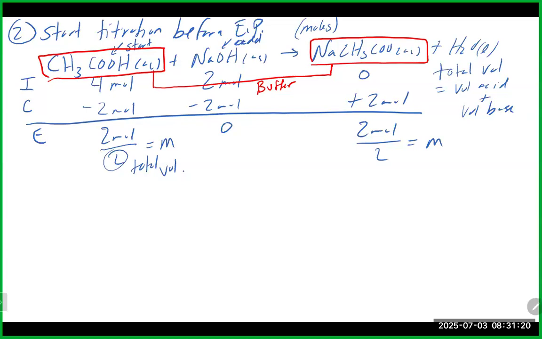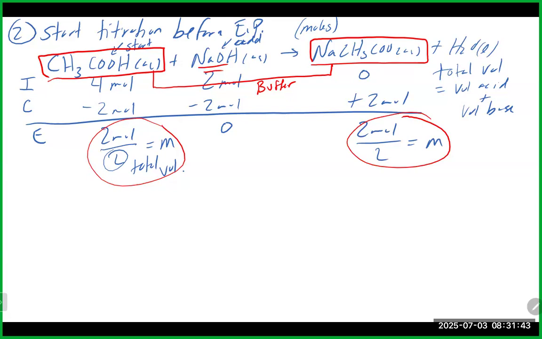So this is what we were talking about the other day, that you can actually make a buffer as a result of the reaction of a weak acid and a strong base. And this is an example of that. The buffer is not the strong base part. What you end up with at the end of that reaction is actually generating a buffer.